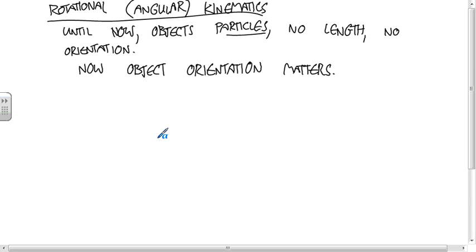But it's important to notice that there's a strong connection between rotational motion and circular motion. So rotational motion is strongly related to circular motion.